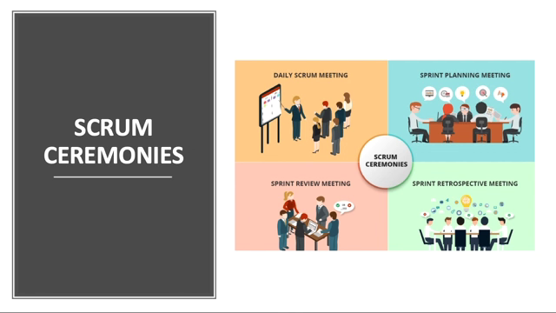As we said, the selected product backlog elements are divided into tasks to create a sprint backlog. The planning lasts 8 hours for a sprint of a month. This is the ideal time for planning a sprint meeting for a month.